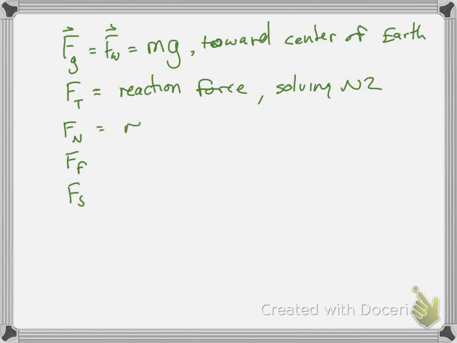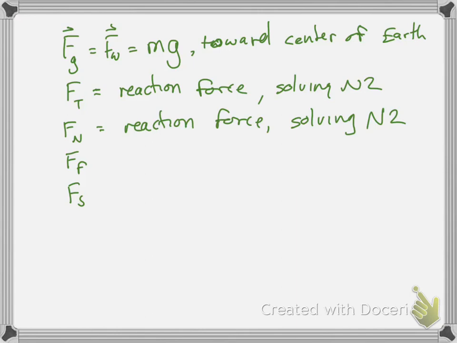Same thing with the normal force. We actually saw this when we first defined normal force, that the normal force is a reaction force, usually gotten to by solving Newton's second law, because a box on a floor, if the box has a weight of 150 pounds, then it's pushing on the floor with a force of 150 pounds if it's not moving, and the floor is therefore pushing back on it with a force of 150 pounds, and the normal force is 150 pounds.